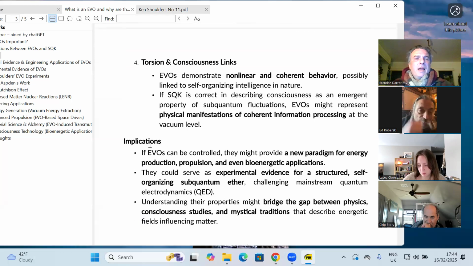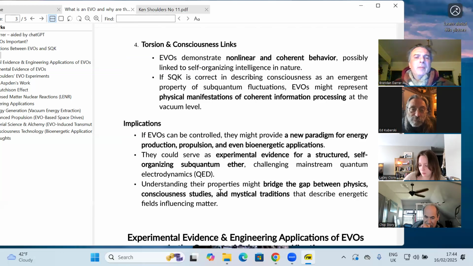Implications: if EVOs can be controlled, they might provide a new paradigm for energy production, propulsion, and even energetic applications. They could serve as experimental evidence for a structured, self-organizing subquantum ether, challenging mainstream quantum electrodynamics. Understanding their properties might bridge the gap between physics, consciousness studies, and mystical traditions that describe energetic fields influencing matter.